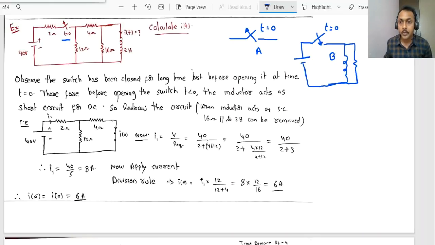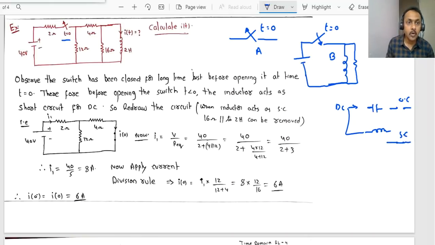Now if you observe the inductor for DC input, how it behaves: while discussing the source free RC circuit for DC input, this capacitor for a long period of time behaves like an open circuit, OC. Similarly, for the same DC, if it is applied to an inductor, it behaves like a short circuit.